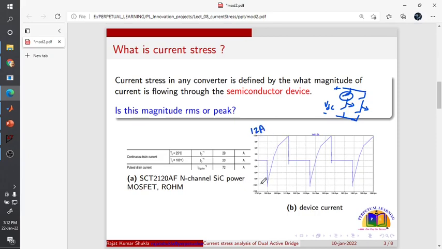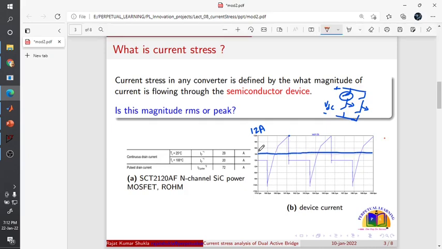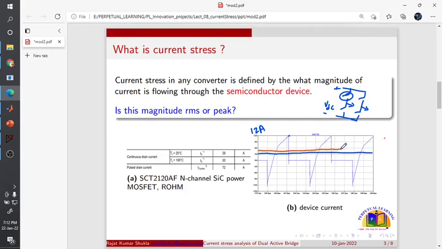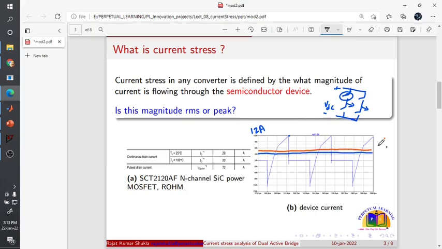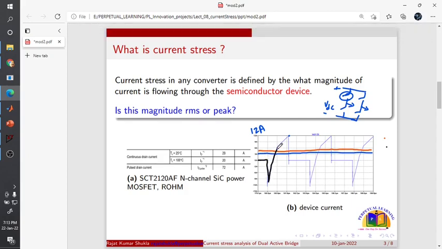This instantaneous current flows from minus 12 to 12 in a waveform like this. Should I take the current stress as this peak point, or the average value, or the RMS value? Let's say the RMS value is lying in this portion, this red sign. This simulated waveform is for the extended phase shift modulation technique.